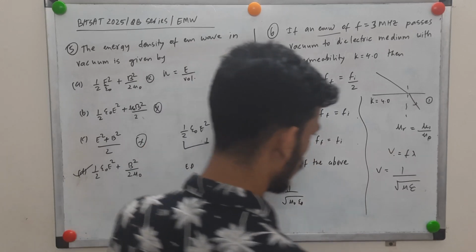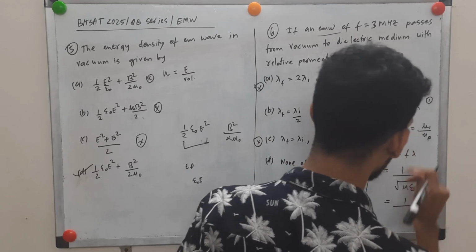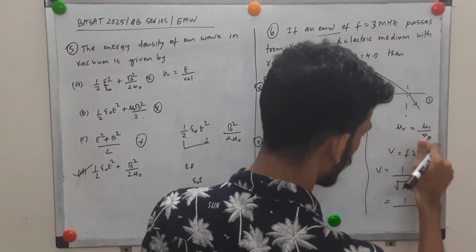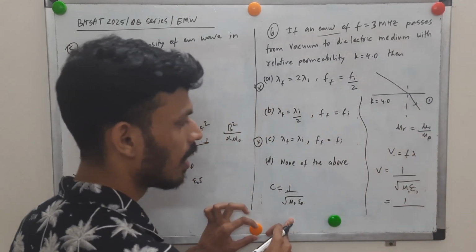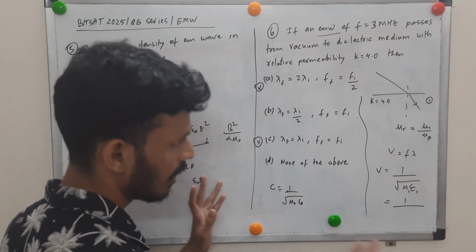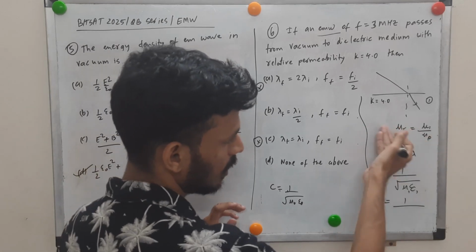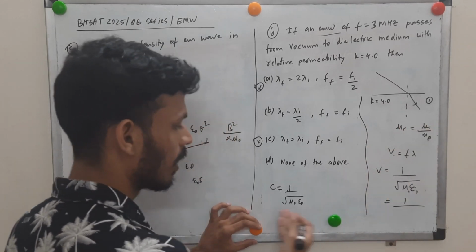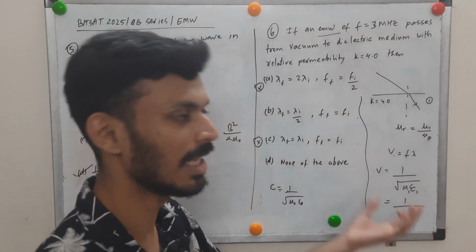So what is happening? We can write this as, what is mu? Mu is of that medium, right? Mu 1 epsilon 1. This is for the medium. This is for vacuum. Vacuum has mu naught epsilon naught, right? Because this mu r basically is 1. So these two quantities become equal. So vacuum is basically this, and the more general case is any medium.